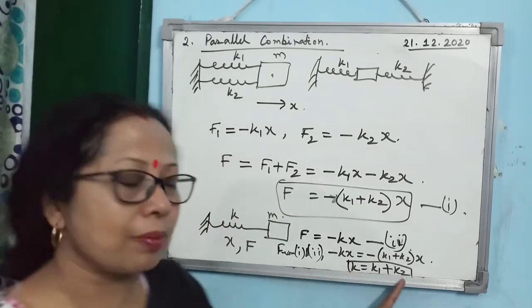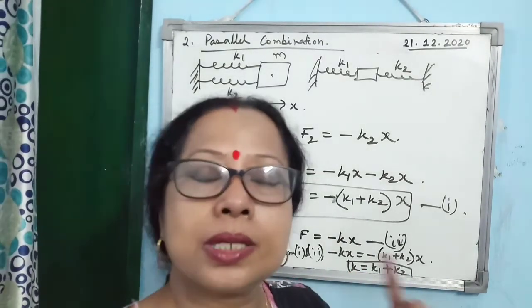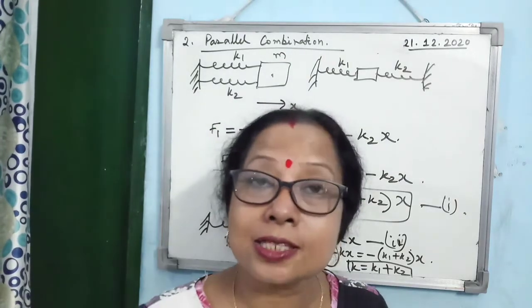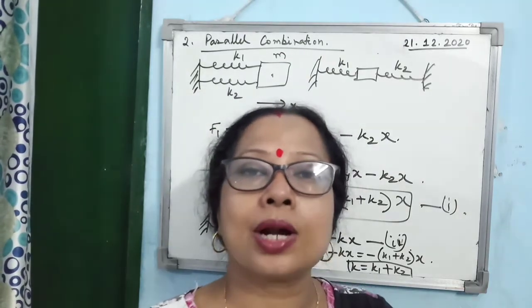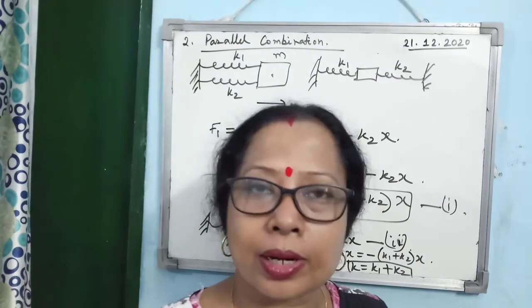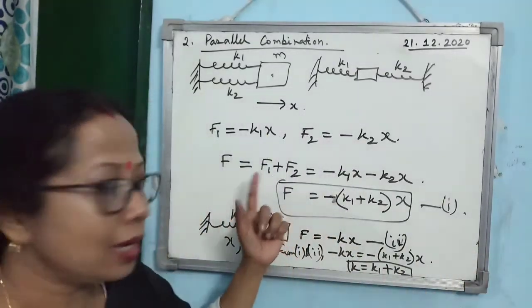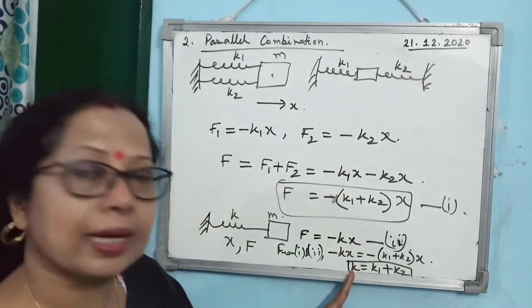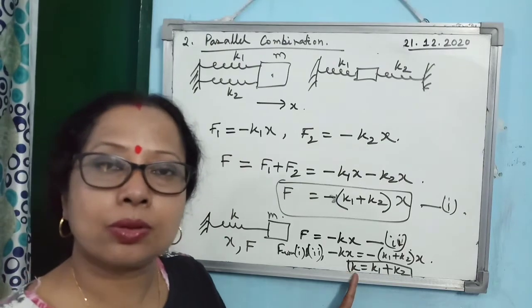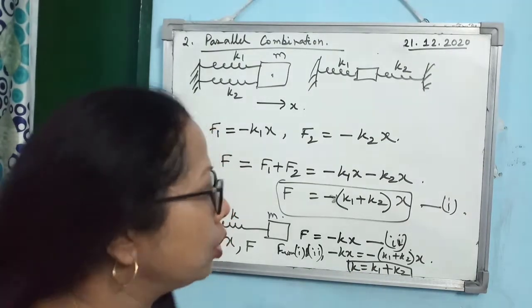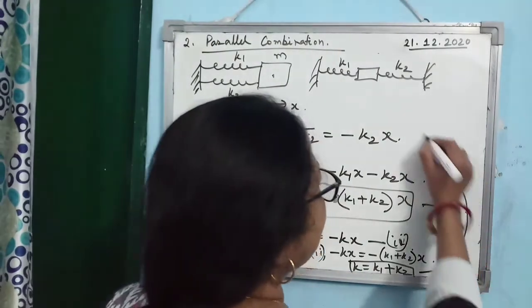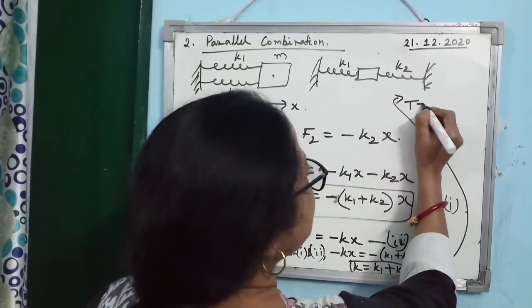This is parallel combination. You can remember that in case of series combination of electrical resistance, we got R is equal to R1 plus R2 plus R3, and so on. But in case of springs, in parallel combination, we are getting the same relation: K is equal to K1 plus K2. So here I am writing what the time period will be.